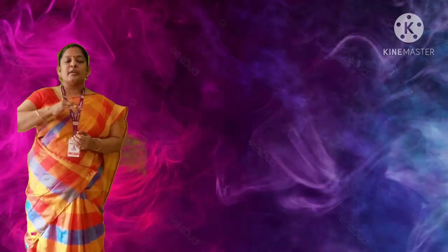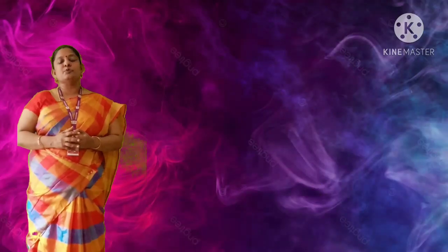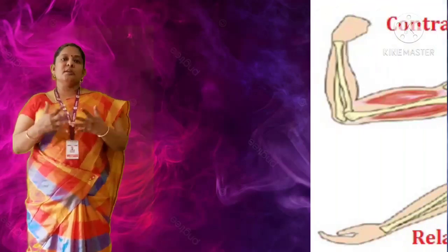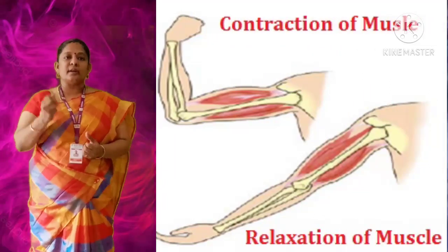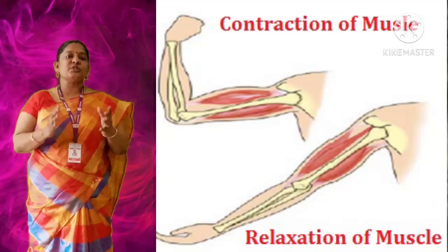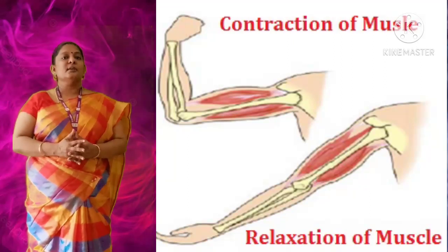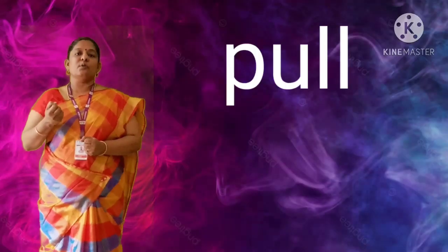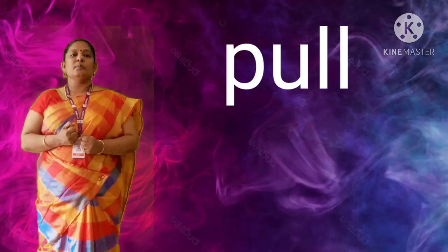To a great extent, the muscles have to be coordinated for a particular kind of movement. Muscles move body parts by contracting and then relaxing. So contraction and relaxation are the two main processes present in muscles for the movement. Muscles can pull bones.